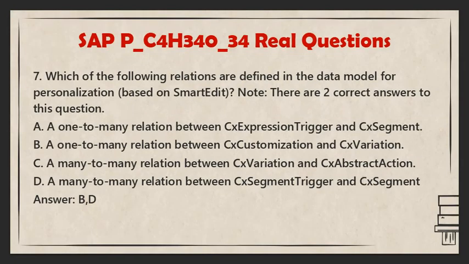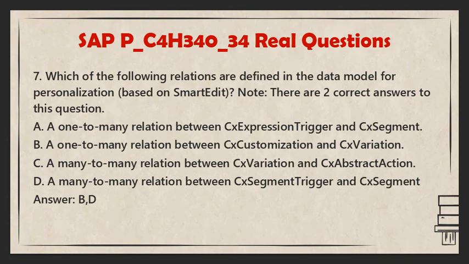7. Which of the following relations are defined in the data model for personalization, based on SmartEdit? Note: there are two correct answers to this question. A. A one-to-many relation between CX expression trigger and CX segment.